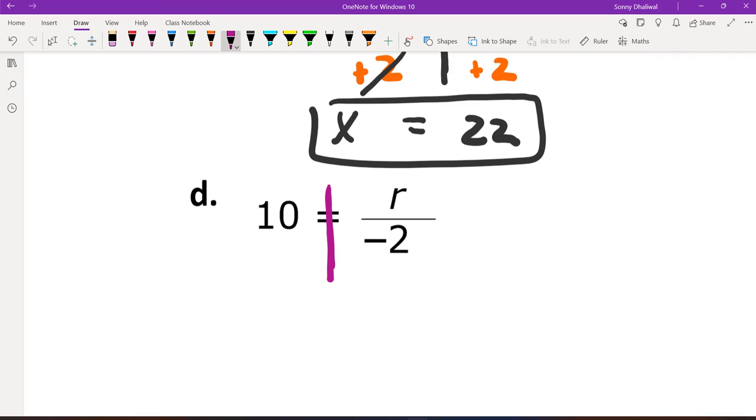So to get rid of that 2, we have to multiply by the same number. Right? And we do the same thing to the other side. Multiply by -2. Remember, something touching a bracket means to multiply, right? So the reason why we did this is this 2 divided by 2 is 1, so that disappears. So we're just left with the r.